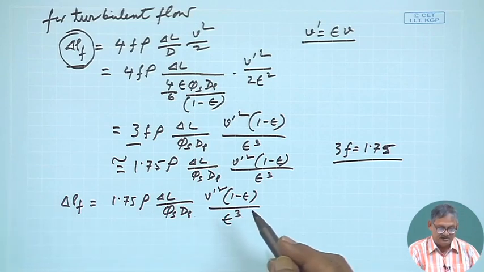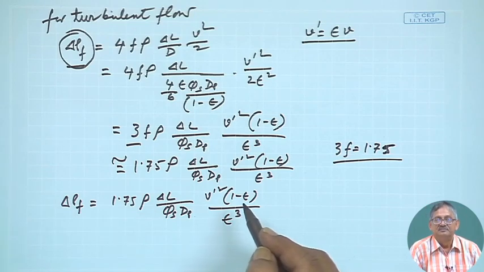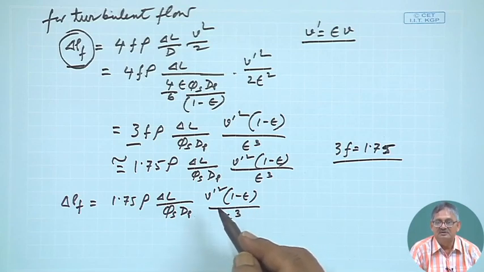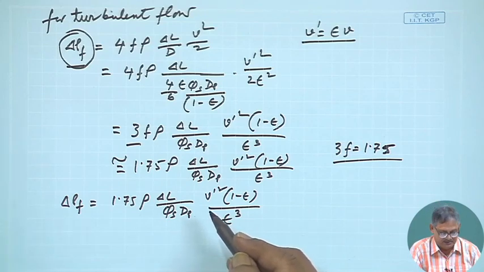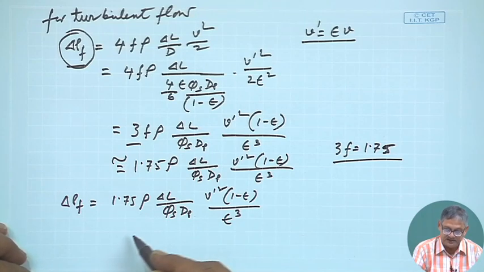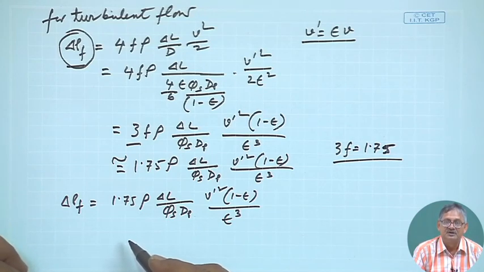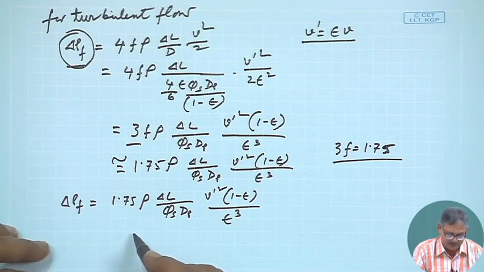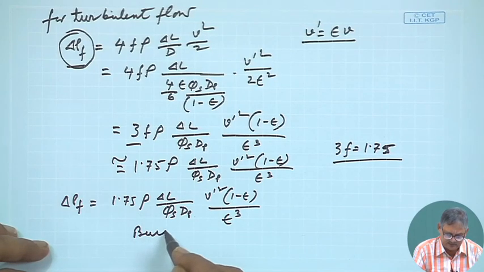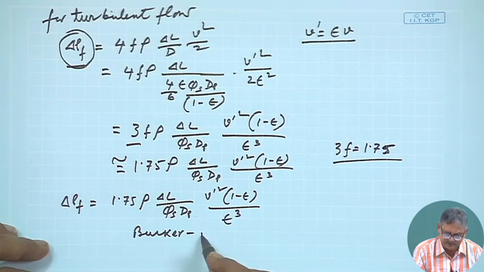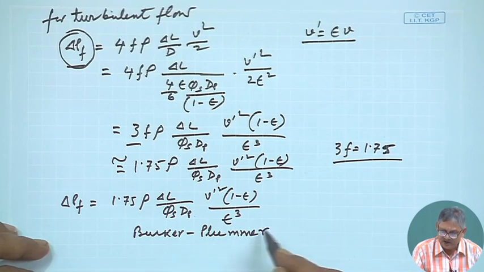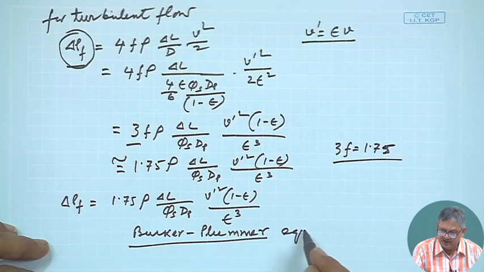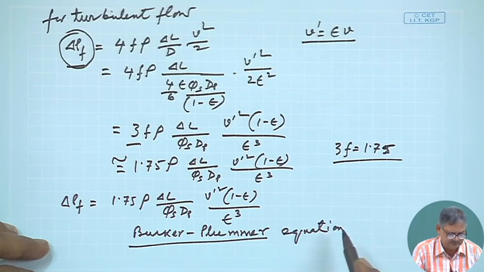So, this relation was derived by another pair of researchers, their names are Burke and Plummer. And this equation is known as the Burke-Plummer equation, right.